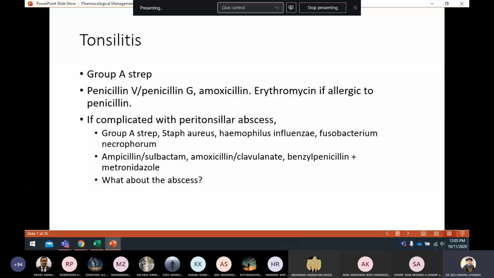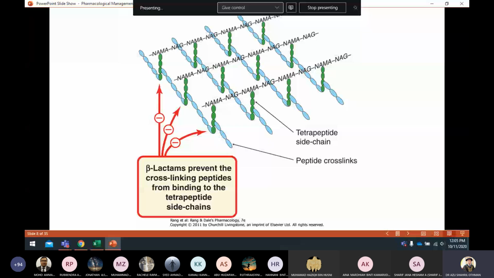Penicillin acts as a cell wall synthesis inhibitor, achieved by prevention of cross-linking of peptides from binding to the tetrapeptide side chains. This one you know already, it's just a matter of revision.